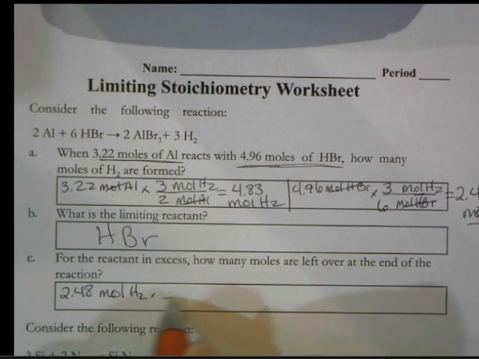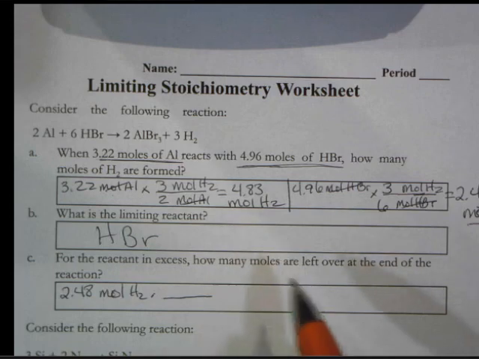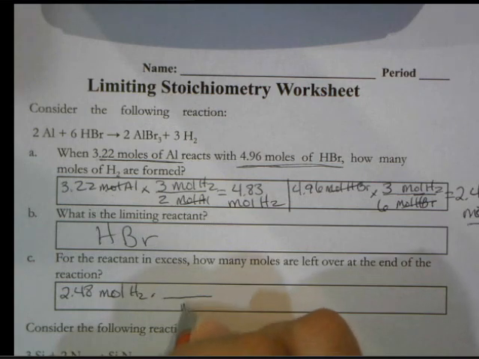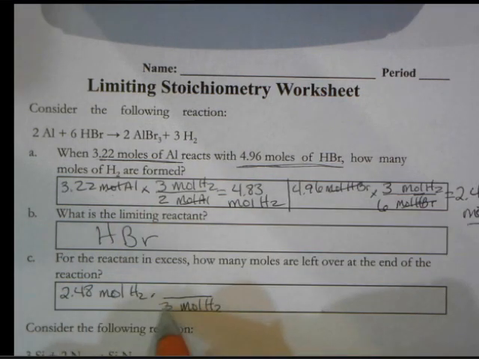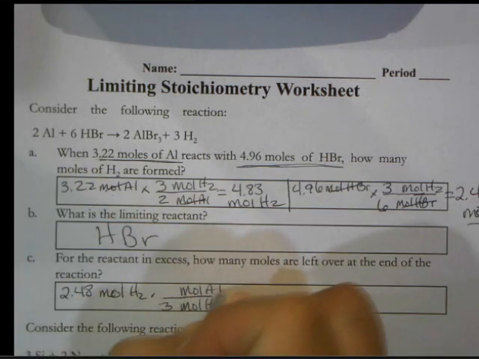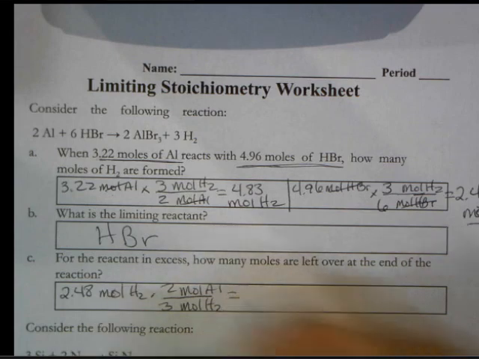So then we convert that to moles of aluminum. Now we have moles of hydrogen, which is 3, and moles of aluminum, which is 2. So now we have 2.48. My moles of hydrogen will cancel.